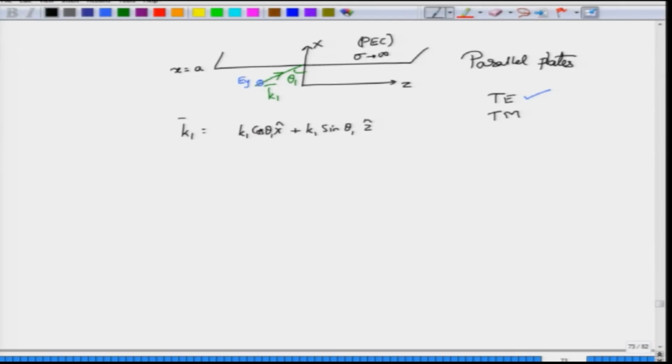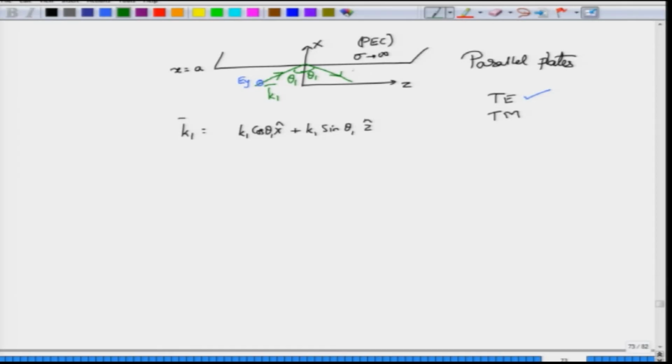Now, you have a perfect electric conductor. What should happen to this wave as it strikes a perfect electric conductor? It is a metal, right. So, metals will not absorb light, and this is a perfect electric conductor. So, what it actually does is reflect off this electromagnetic wave at the same angle theta 1, okay.